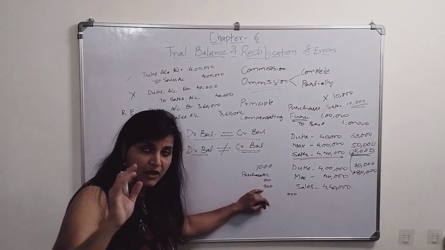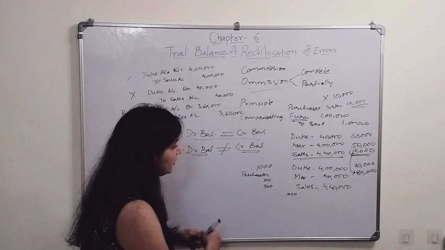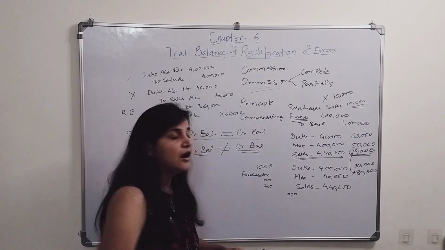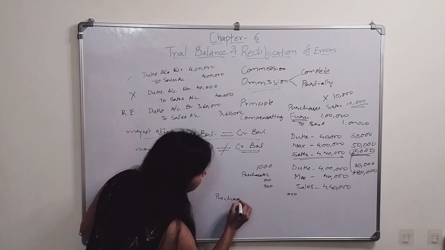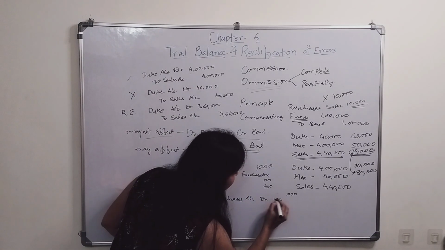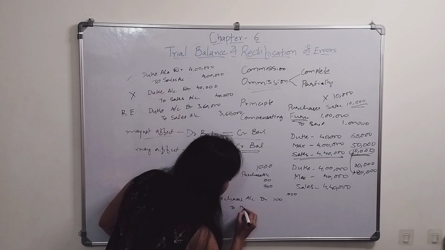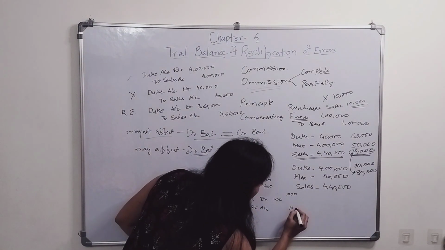There are possibilities, like if I got to know while passing the journal entry itself that I recorded 100 rupees. What I passed in the journal entry: purchase account debit 100 to Mr. ABC account 1,000.